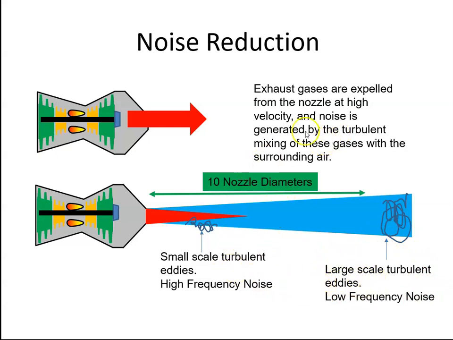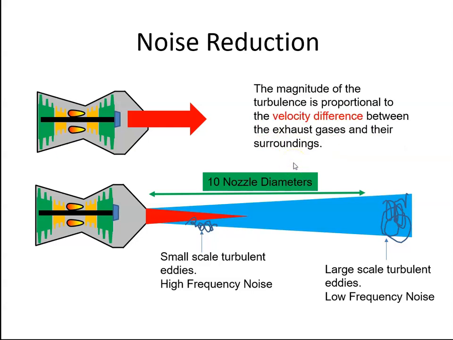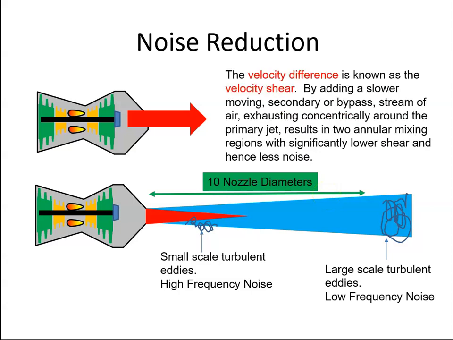Okay, so the noise is generated by the turbulent mixing of the gases. The magnitude of this turbulence is proportional to the velocity difference between the exhaust gases and their surroundings. This velocity difference is known as the velocity shear.